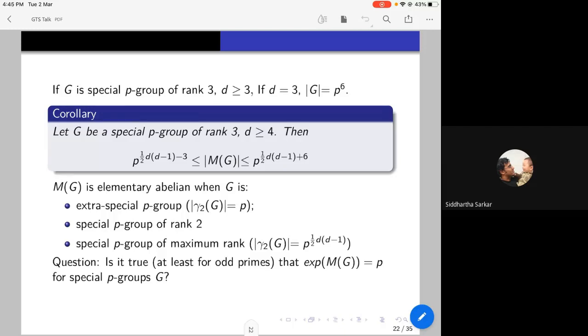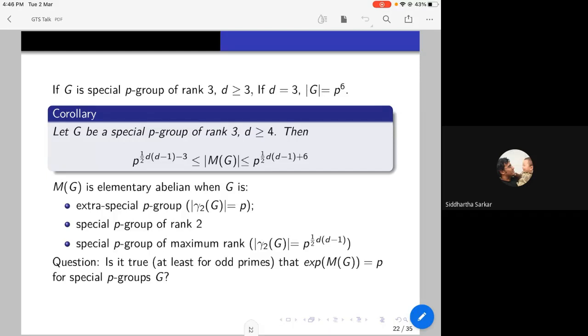Also, whether M(G) is elementary abelian or not, we don't know. We don't have any reasons to believe it, but in all the special p-groups that have been investigated, this M(G) has always been elementary abelian. The extra special p-groups were investigated by Blackburn and Evans, then special p-groups of rank 2 recently, and the special p-groups of maximum rank.